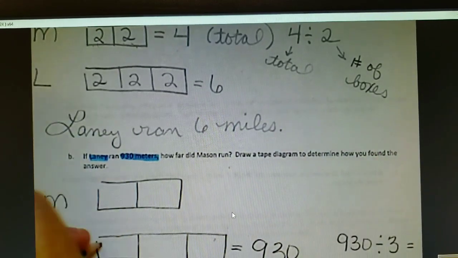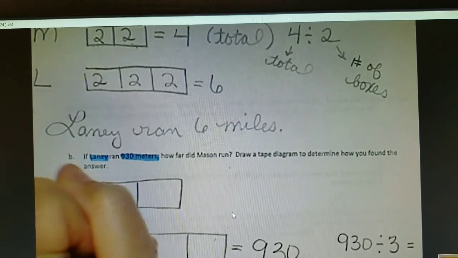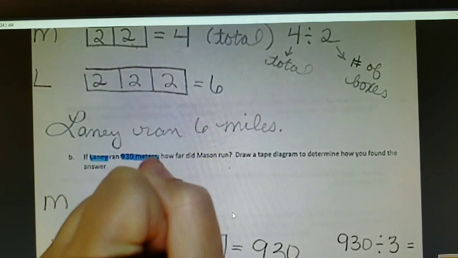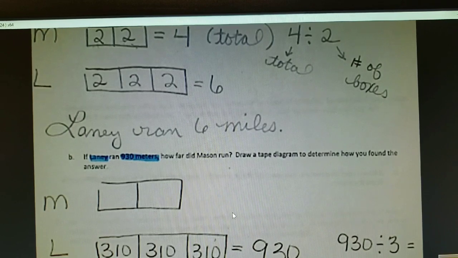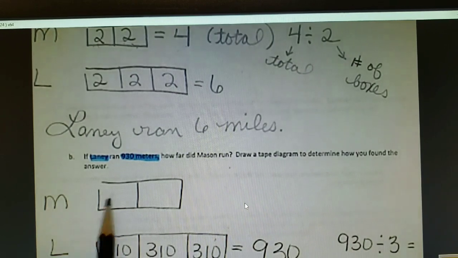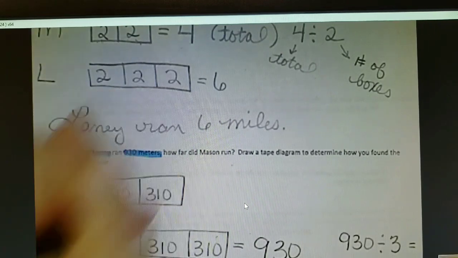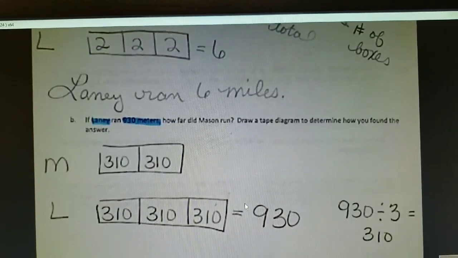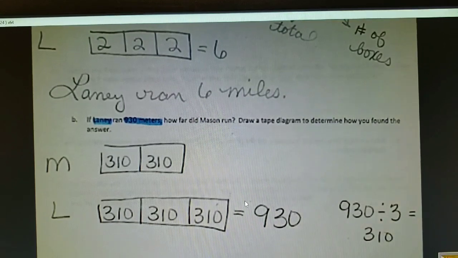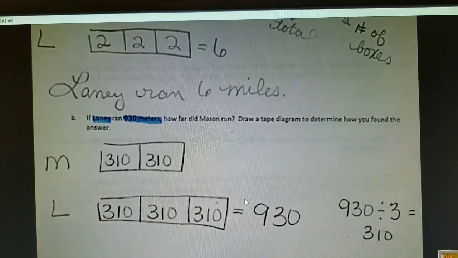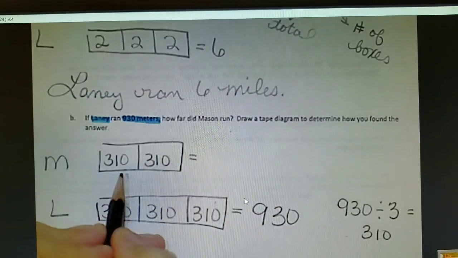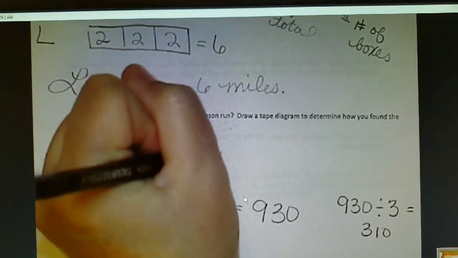So each box is worth 310 meters. Okay, and then again, these are equivalent, so that means this is 310 and 310 for Mason. Okay, and then if we add Mason's total, 310 plus 310 is 620.